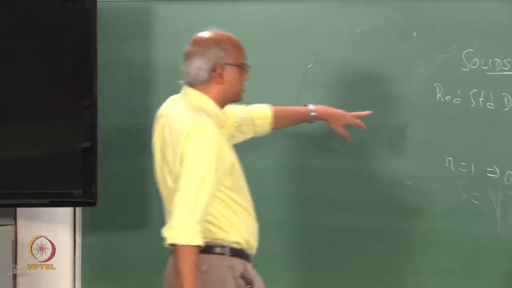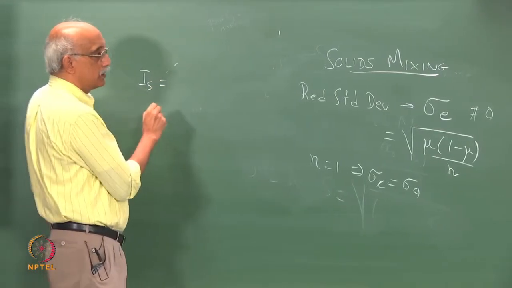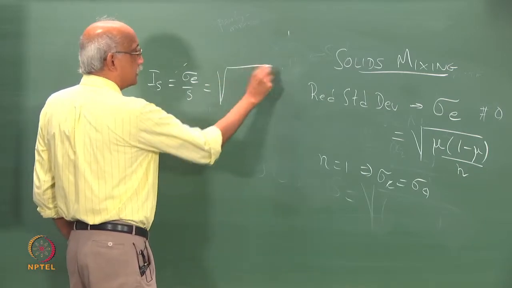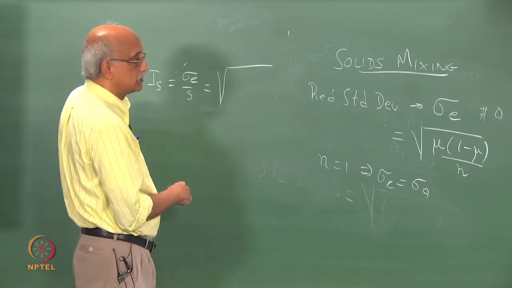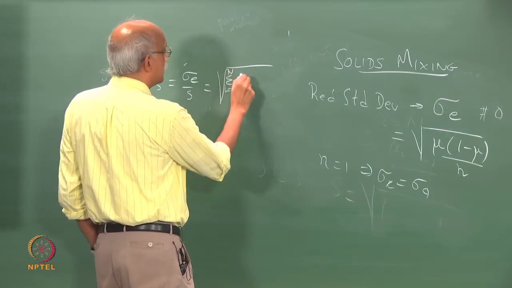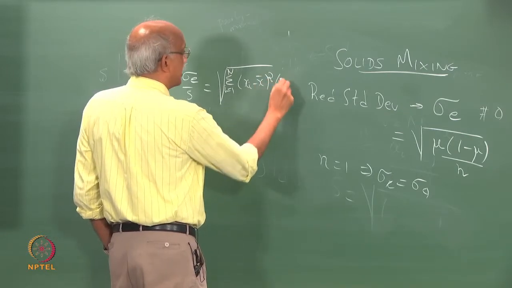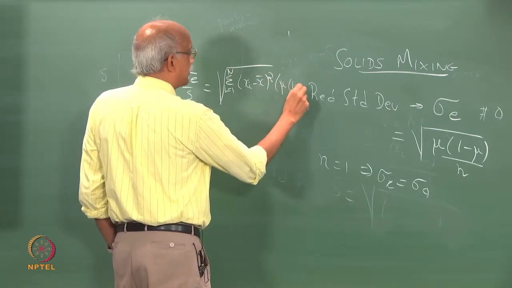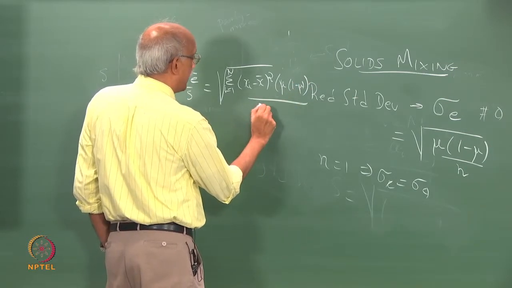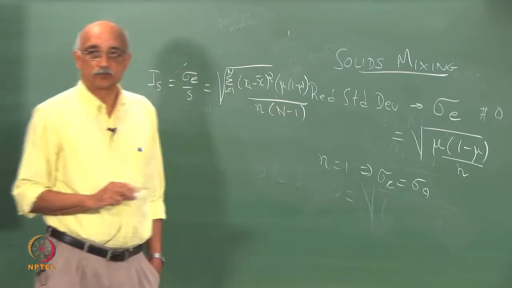So, in the case of solids mixing, the way you would define the mixing index is as sigma e by s, or again you can substitute in that expression and summation i equal to 1 to N of x_i minus x bar squared times mu times 1 minus mu, but here you have N times n minus 1.